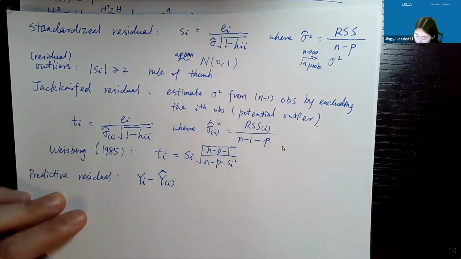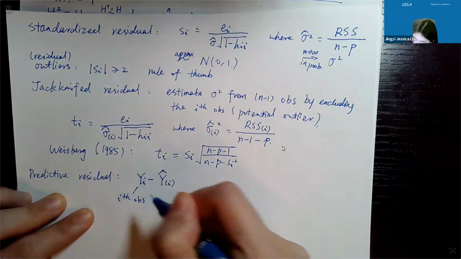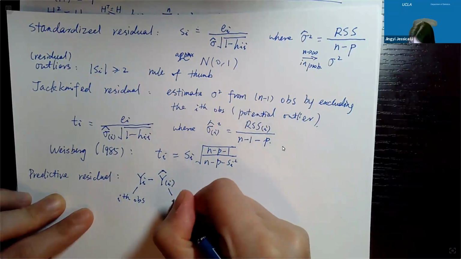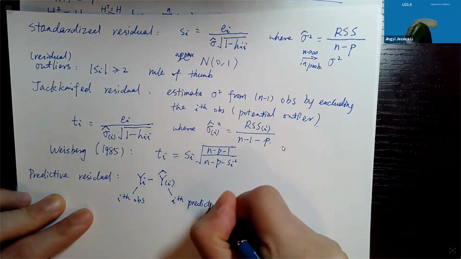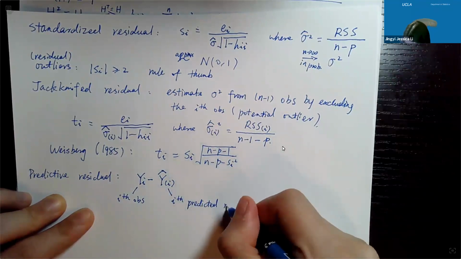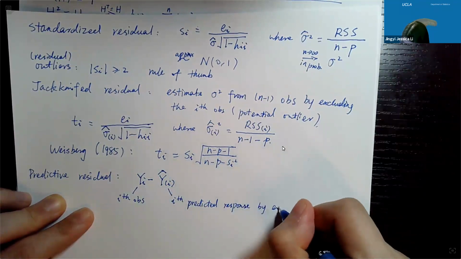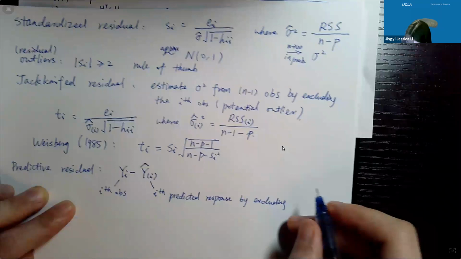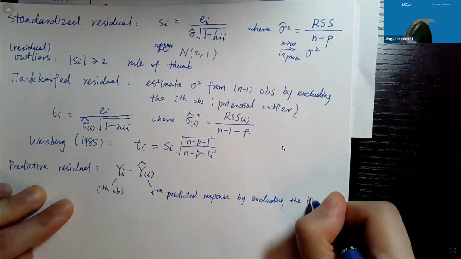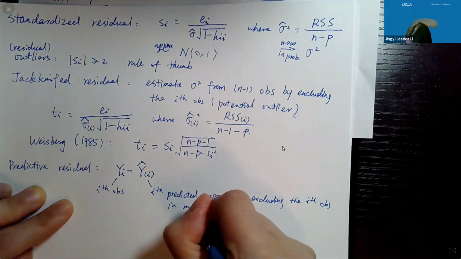So what does this mean? So this is the ith observation, and this is the ith predicted response by excluding i, by excluding the ith observation in model fitting.